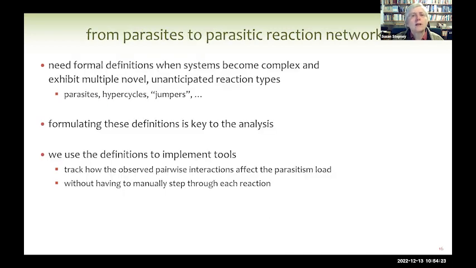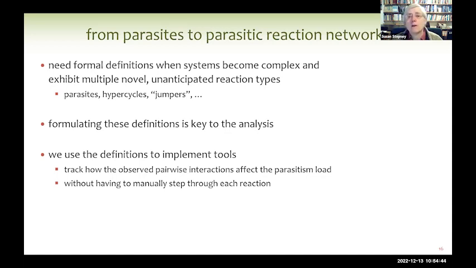We've seen all these different behaviors, and so it's quite complicated. So what we eventually had to do was give some formal definitions of what we meant by replicator and parasite in a reaction. So it's not a property of a specific string being a replicator or being a parasite.